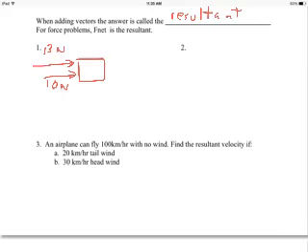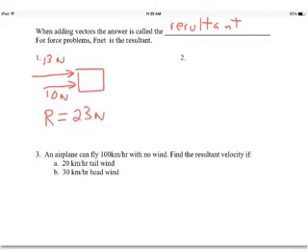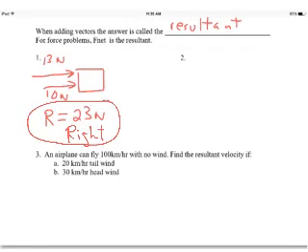Well, it's just going to be 13 plus 10. So the net force, or the resultant, and we usually use a capital R for result, will be 13 plus 10, which is 23 newtons. And the direction, which is important, is to the right. So the net force is 23 newtons to the right.